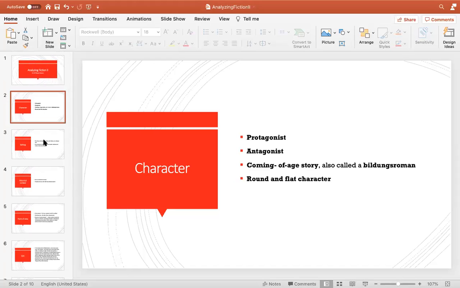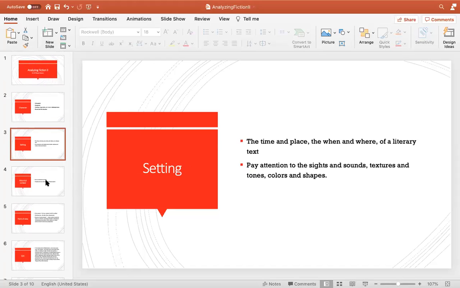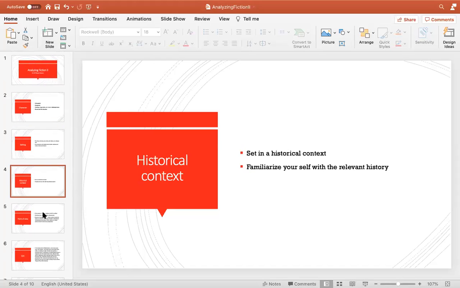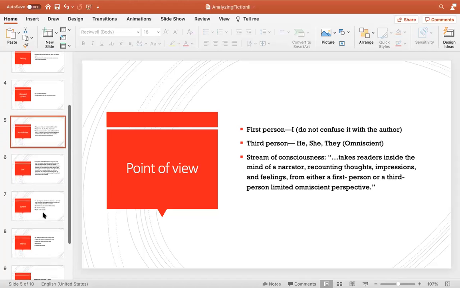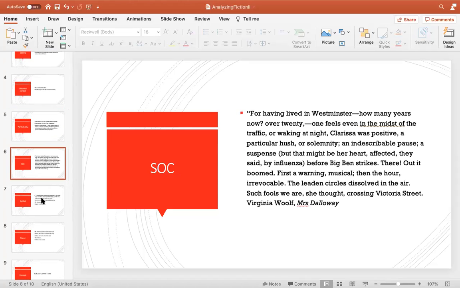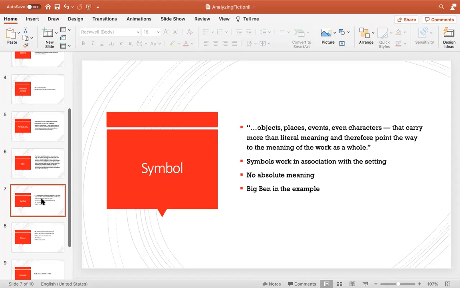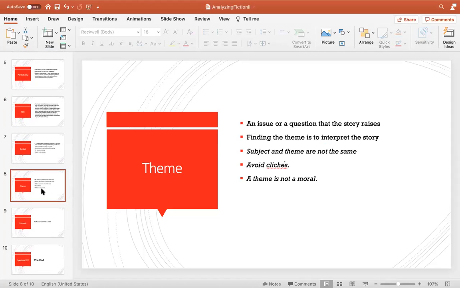You should be able to tell me what the setting is, what the historical context is, what the point of view is, and whether there are any symbols in the story, and what the theme of the story is. There could be a one word response to this question. You should come prepared with your responses about this particular story, in terms of the elements of fiction that you find in it.